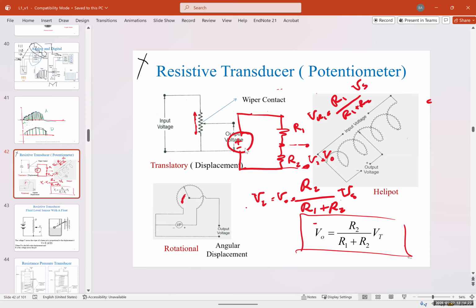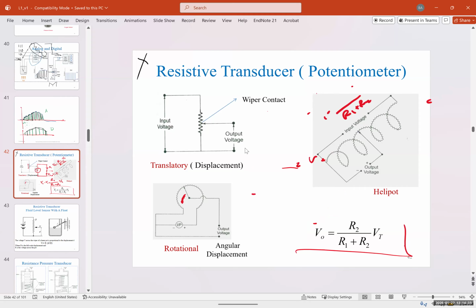Now, from here, what is the maximum that V out could be? I'm going to give you this as a practice problem. You're all familiar with voltage dividers from AC/DC analysis, Circuit 1. Let's say we have the one on the left, the translational one, and this is at the middle. This resistance is 10K total.